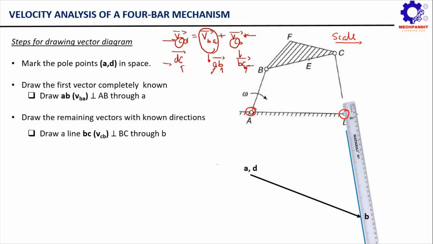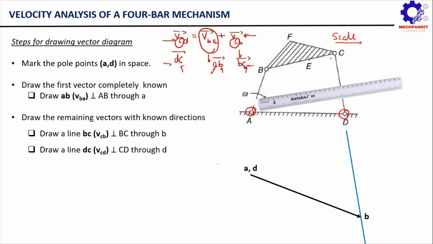Very simple, right? Now after this, the same operation we are going to repeat for this VCD vector. Again we will keep our scale perpendicular to this side CD of the mechanism. So now we are going to keep our scale something like this, and again we know the location of point D in the vector diagram. So the location of point D in the vector diagram is already known to us.